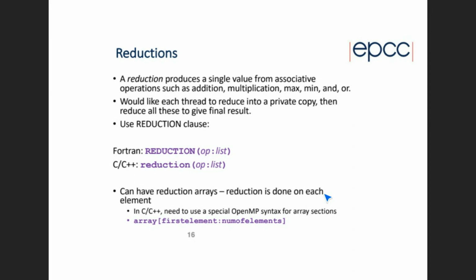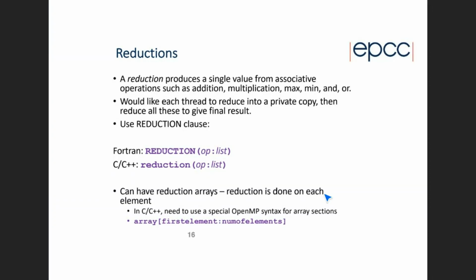Again, for Fortran, that's clear because Fortran arrays are Fortran arrays, and in C++ we need a special syntax, which is used for array sections, to specify the extent of the array here.